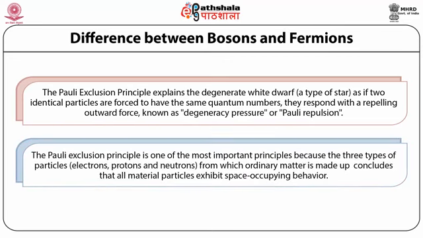The Pauli exclusion principle is one of the most important principles because of the three types of particles, which are electrons, protons and neutrons, from which ordinary matter is made up, which concludes that all material particles exhibit space occupying behavior.